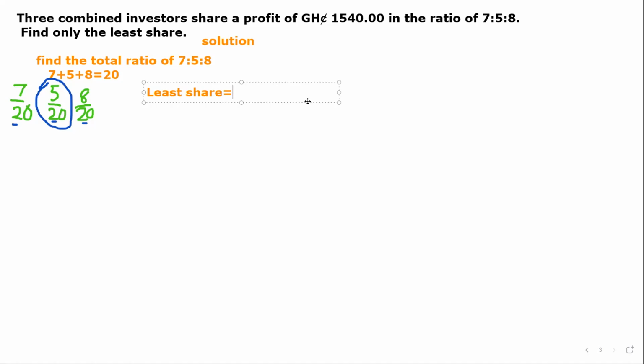Equals, then the question says find only the least share. So the minimum share, looking at the minimum ratio, will be 5 out of 20 times the profit.